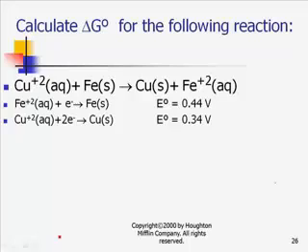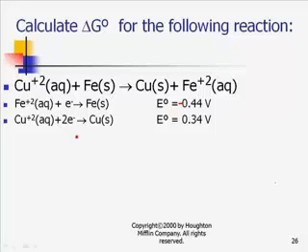Okay, let's look at an example of calculating the free energy for a given set of half cells. So here we've got copper and iron half cells, and there's an error here because the reduction potential for the iron should be minus 0.44. As the equation shows, and as the reduction potentials show also, the copper is going to be reduced and the iron will be oxidized.